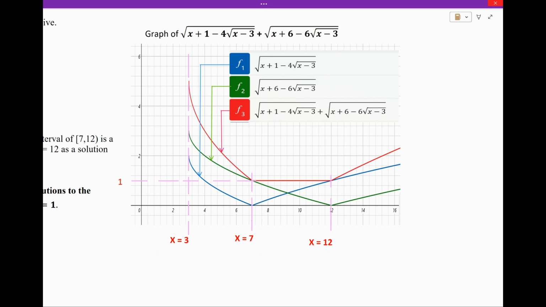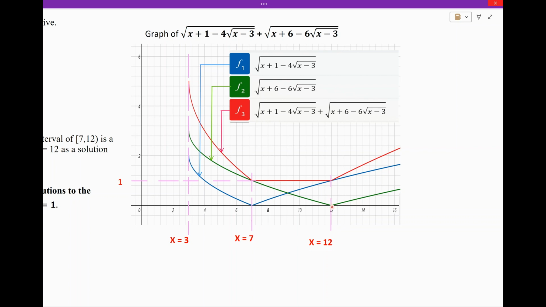Second interesting fact is one graph becomes 1 at x is equal to 7. Another graph becomes 1 at x is equal to 12. And at the same time, at x is equal to 7, the other graph becomes 0, and at x is equal to 12, the previous graph becomes 0.